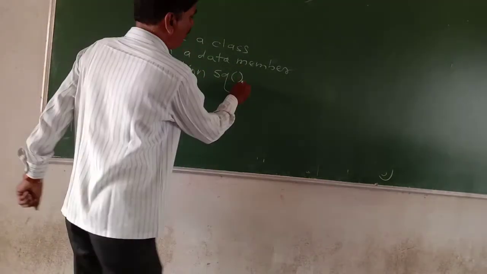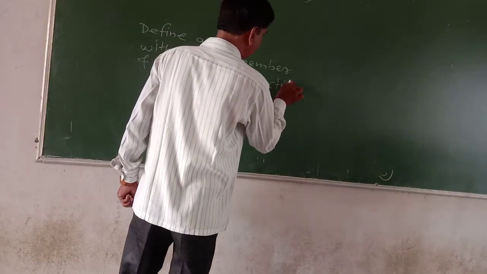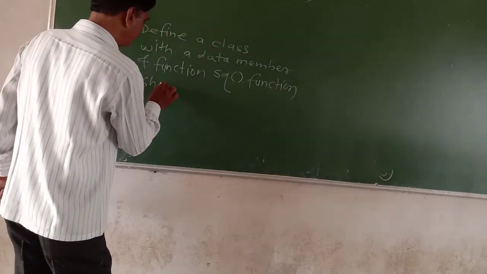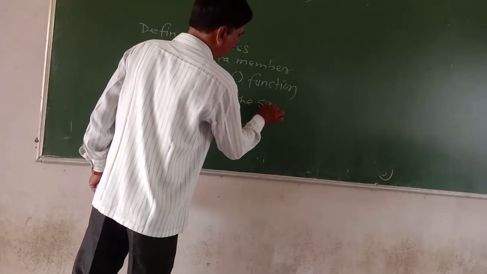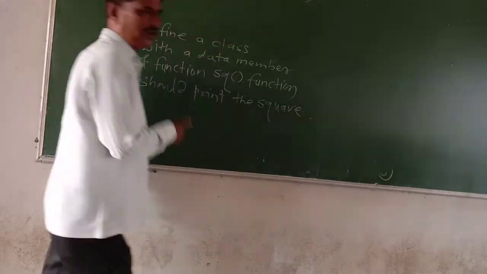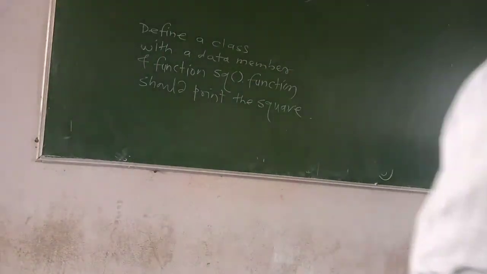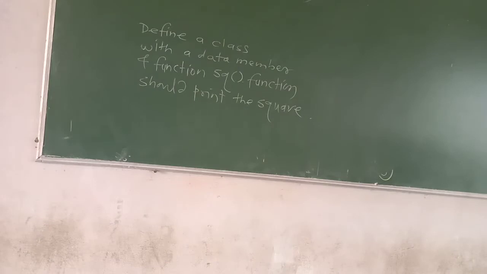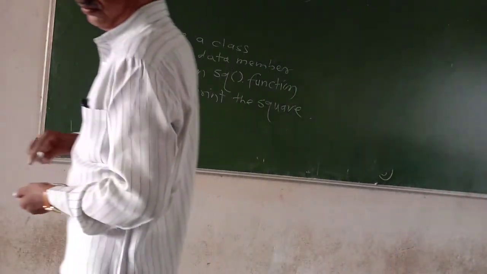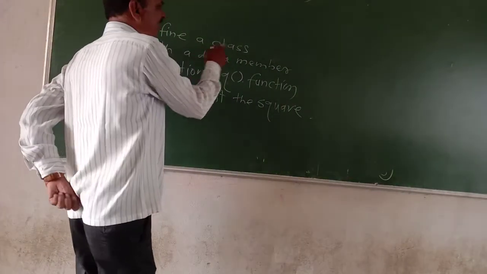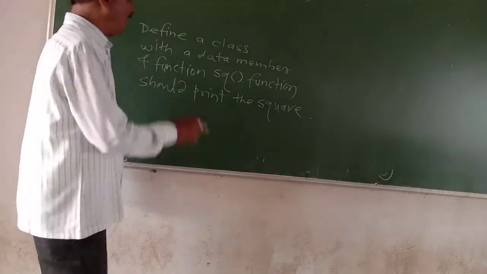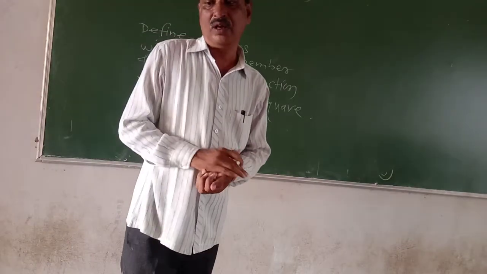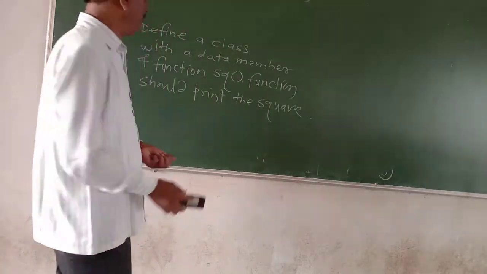The function should print the square. First of all, take the question, because the question is important. Unless the question is there, we can't define the class. So the question is: define a class with a data member, whatever the data member, and a function S2. So one data member, one function.